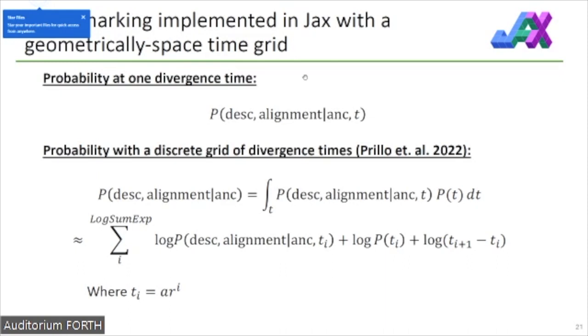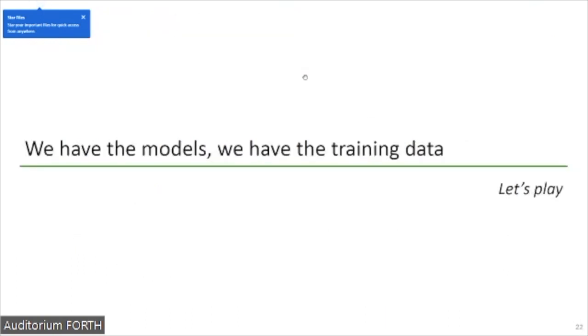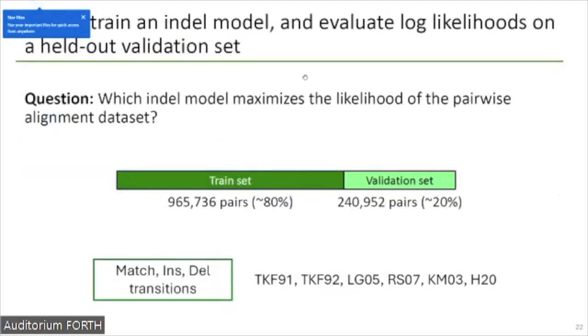In order to approximate this marginalization, we use a discrete grid of divergence times. Again, following the study from Frillo et al., we generate a time grid according to a geometric distribution. So given that we have models that we'd like to benchmark, and pair alignments from PFam that can serve as the training data, we're off to the races.